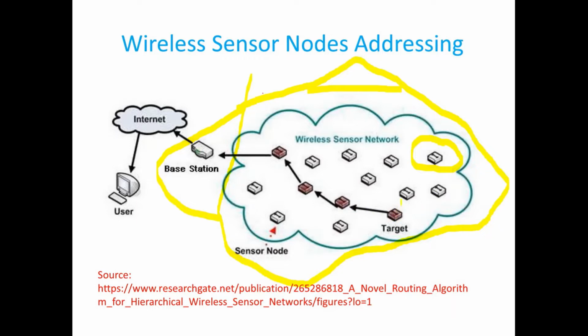So for example, if this place found something important that needs to be reported, for example high temperature, fire, or any unusual data, it can be reported through the network all the way to the base station, which uploads it to the internet, so the user or the monitoring station can see what the issue is, what problem was triggered.